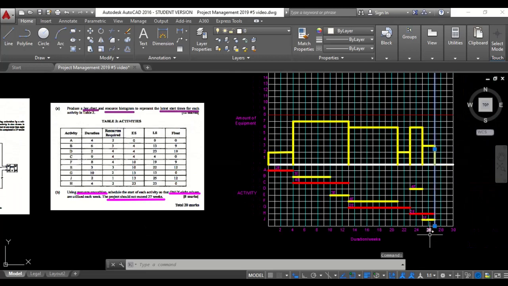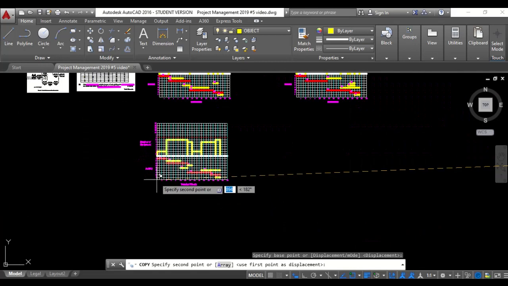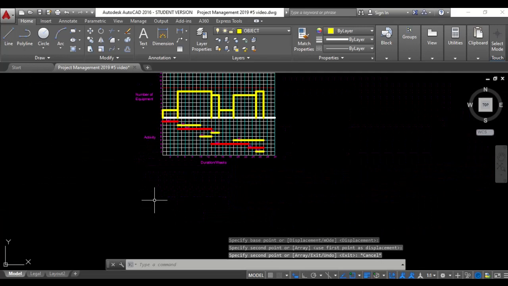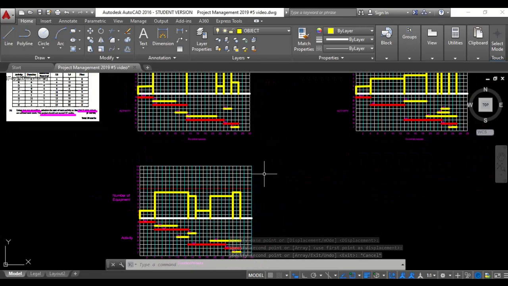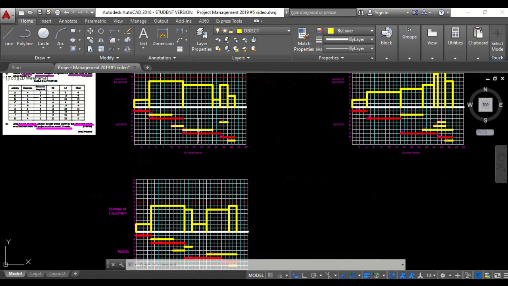27, there you go. Now, let me just say, you may do this question and you may have a different resource smoothing diagram than I do, because there is not necessarily one set answer of how to get the diagram. I'm going to show you one I did earlier. This is the one I did earlier. You would recognize that it looks different from this one, but they're both correct.